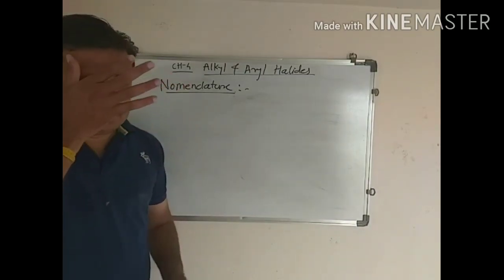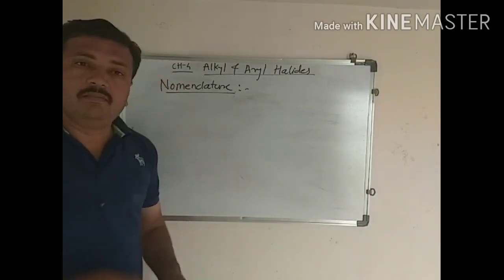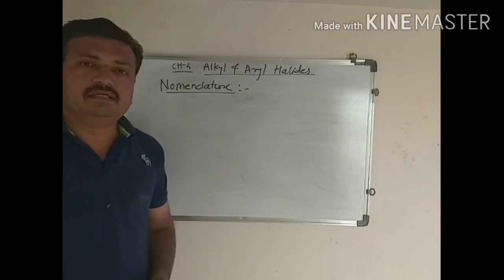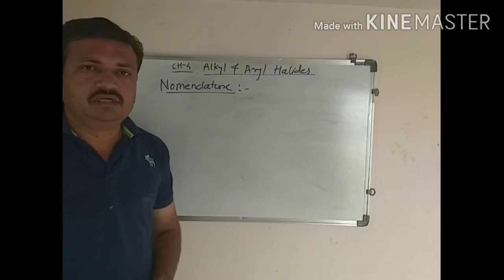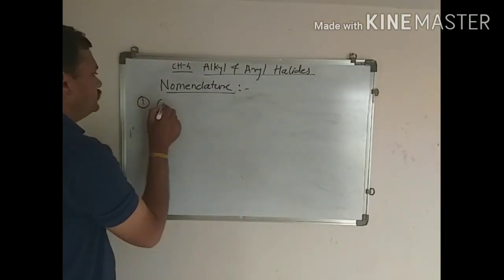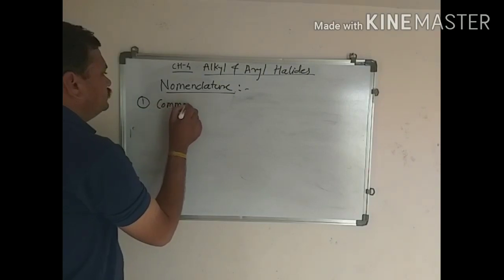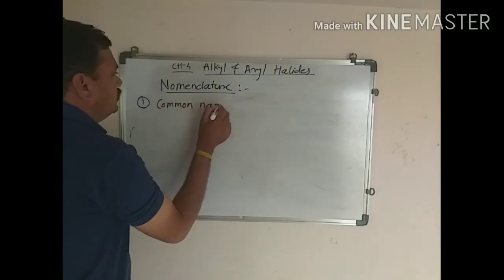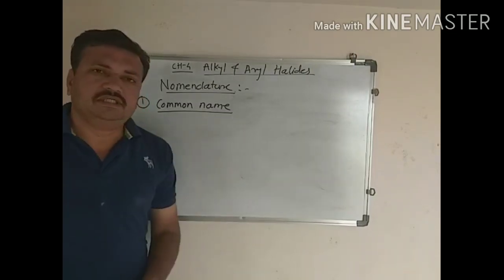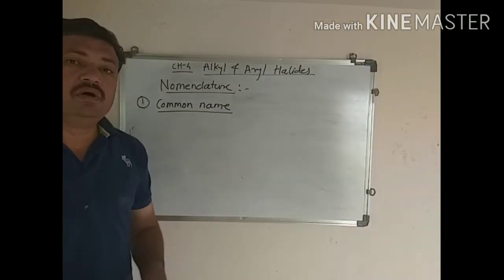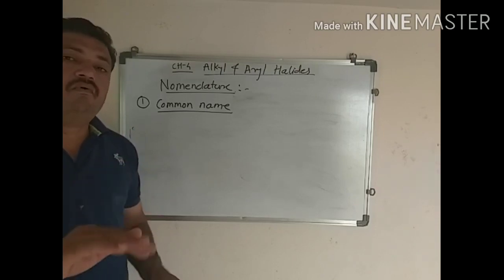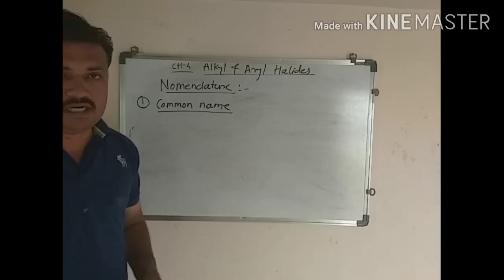The alkyl halides are generally given names by two systems. First, it is common name, and second, it is IUPAC nomenclature system. We will see first the common name. In this nomenclature system, the alkyl halides are given the name of alkyl group followed by the name of halogen atom.